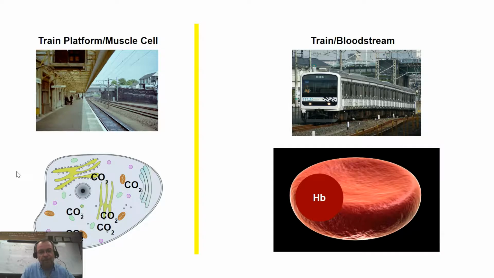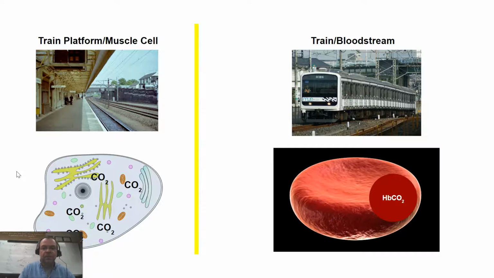There are two ways we can transport CO2 back to the lungs. In the first way, there's a high concentration of CO2 in the muscle cell and a low concentration in the bloodstream. So CO2 is going to diffuse down its concentration gradient and bind with hemoglobin, and we form HbCO2. You'll notice the hemoglobin still stays darkly pigmented because it's not oxygenated.